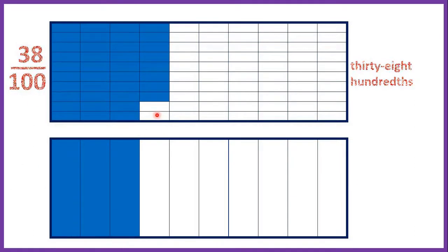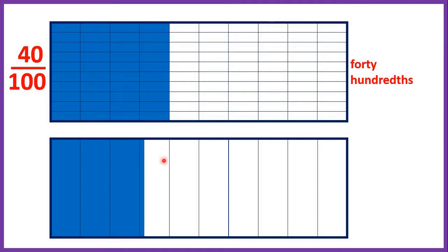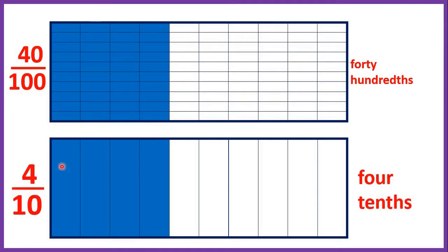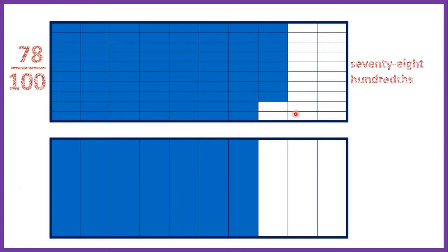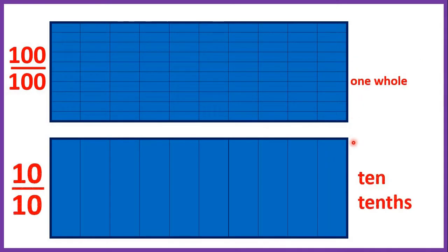You'll notice 39 hundredths is actually just a little bit less than 4/10. So if we have 40 hundredths, we have a fraction equivalent to 4/10. And I'm not going to go through the rest because I think we get the idea. So if you've got 100 hundredths, you've got 1 whole. And if you've got 10/10, again, you've got 1 whole.